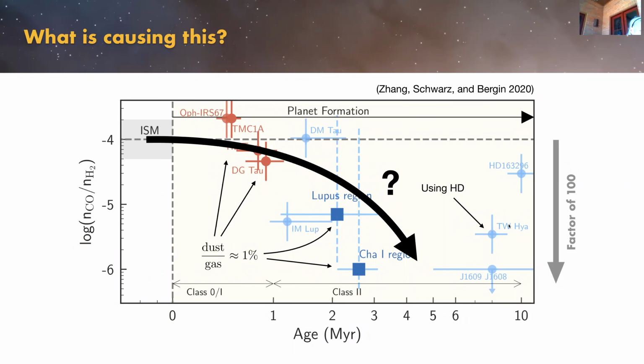There are actually two other disks that I don't mention here, I think GM Tau, and there's one more where this has been done. So there you have an independent measure of the molecular hydrogen gas. All these other points hinge a little bit on the assumption that the dust to gas ratio is 1%. Okay, so that's being assumed, not confirmed.